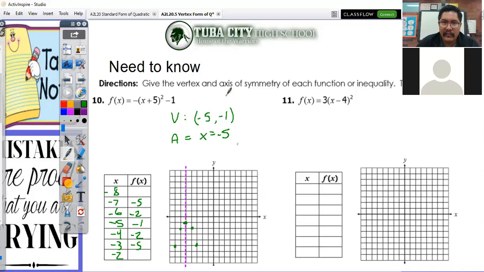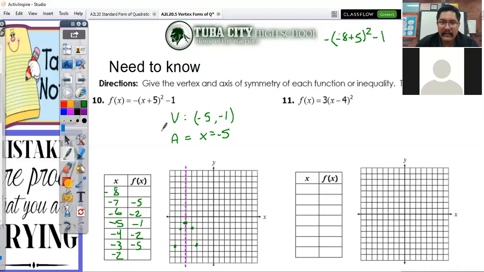And for these last 2 points, I'm just going to plug them in. So -x, but in this case, I'm going to put -8 plus 5 squared minus 1.